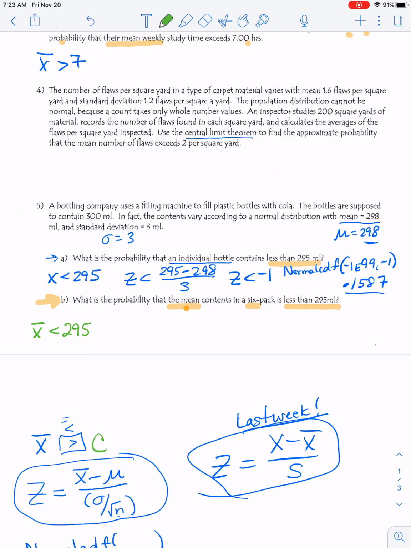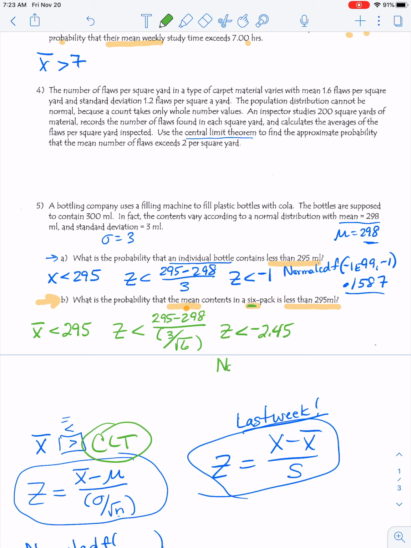Then we use central limit theorem to convert to z. 295 minus 298 divided by the standard deviation over the square root of, and I underlined over here, 6, your sample size. When you convert this one, you should come up with something like negative 2.45 for your z.